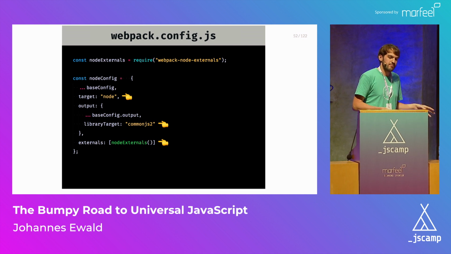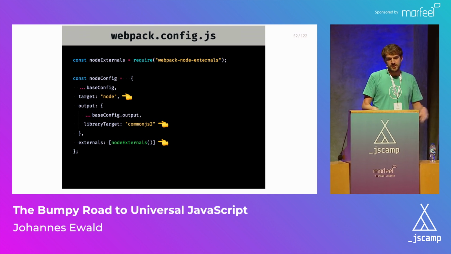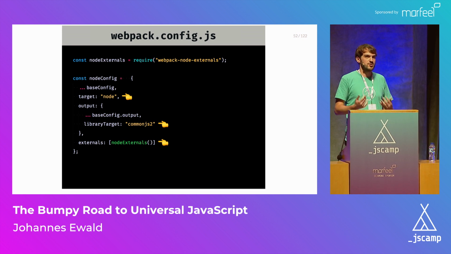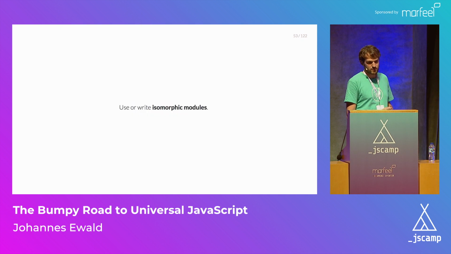And as a slight performance improvement, we can also configure the externals option, which tells webpack, don't take a look at the node_modules. They are fine. You don't have to transpile them. And this usually speeds up the compilation a lot. Another way is also to use or write isomorphic modules.